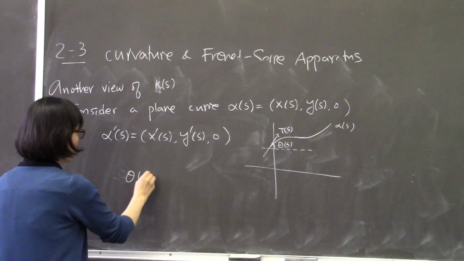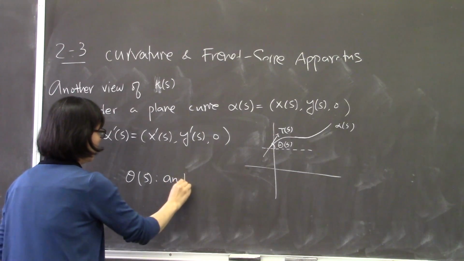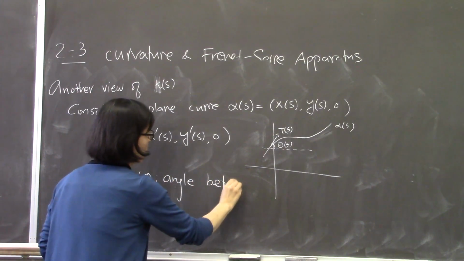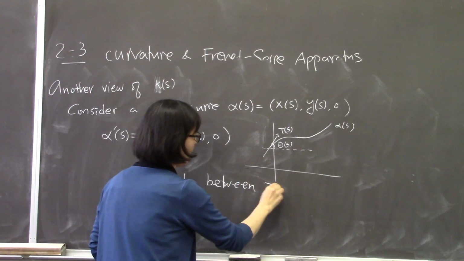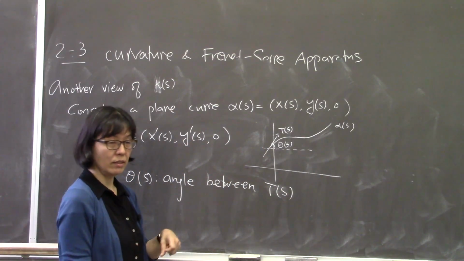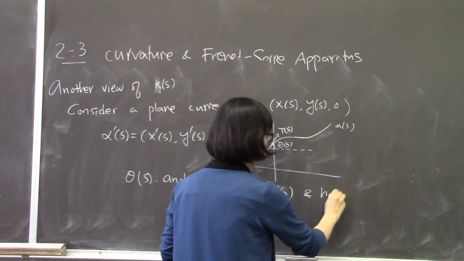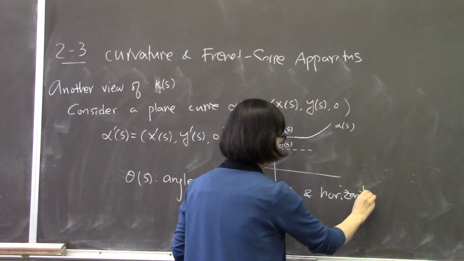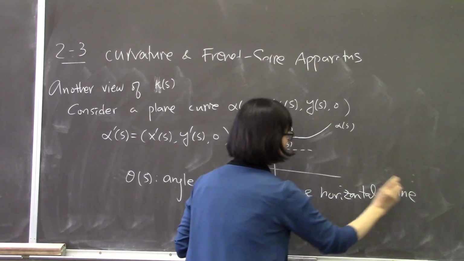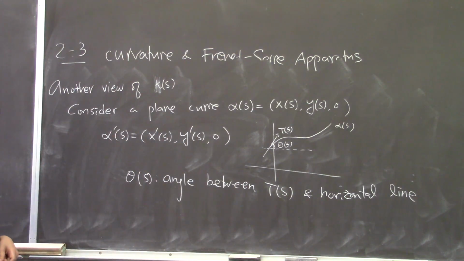So theta s is the angle between the tangent vector at the point s and the horizontal line. That makes sense?